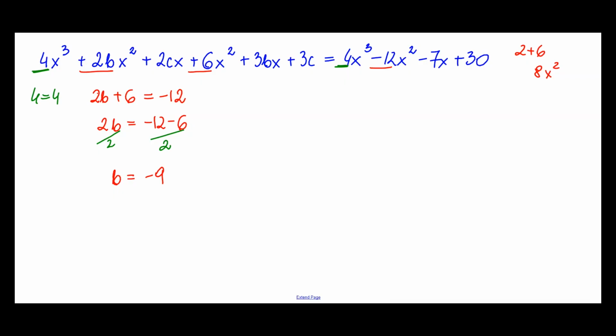Okay, next one. Then we are looking at x with no power. On this side of the equation, I have 2c, 3b, and again I'm writing, if I had them, I would add them, equal, and on the other side of the equation, I have minus 7. Now, I know the value of b, that's minus 9, so I can replace that.